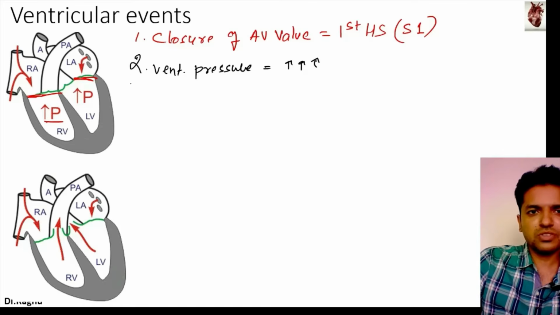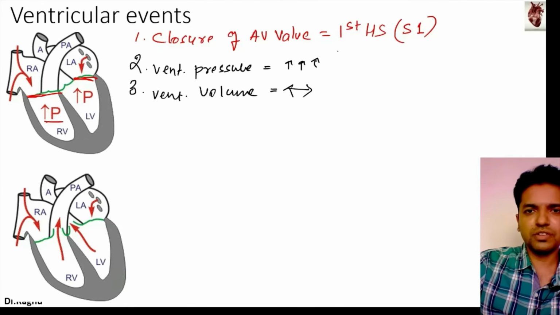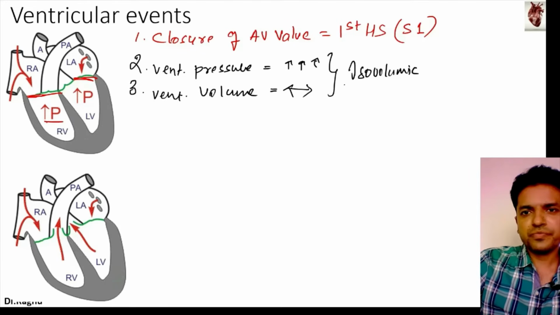But what is happening to the ventricular volume? The ventricular volume is not increasing because the ventricle is now contracting as a closed chamber. So there is no increase in the volume of the ventricles. This phase is called the isovolumic contraction phase.